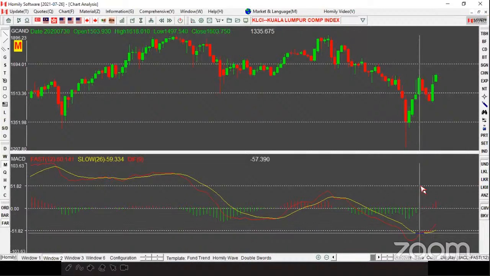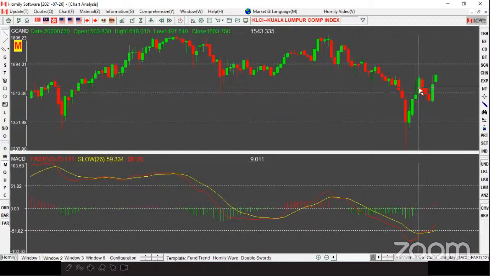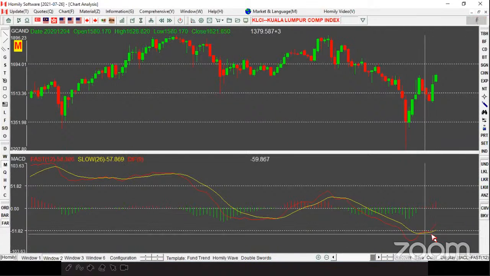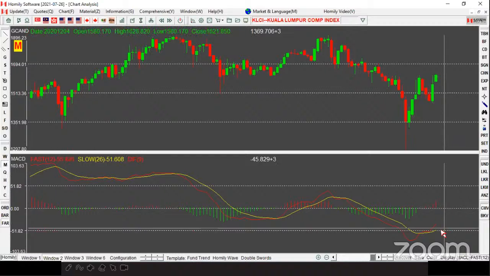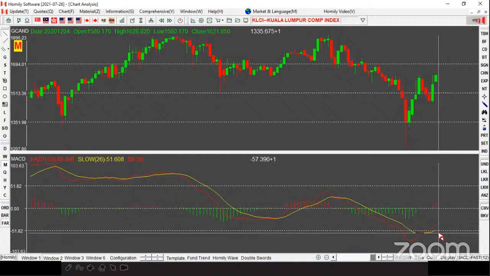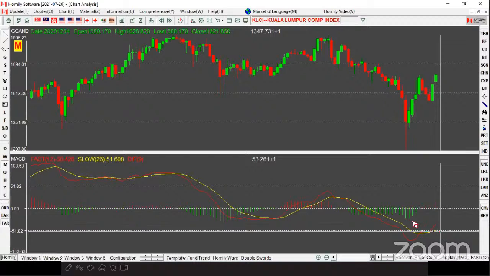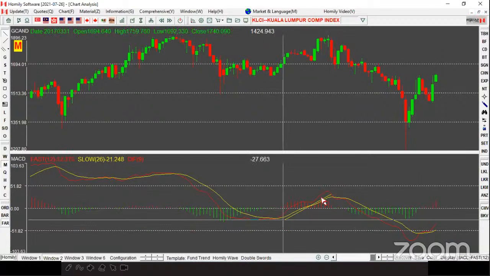So which means after 4 months of rebound, at the end of July, the red line, which means the fast line of MACD, already crossed upward over the yellow one, the slow line, and until now it has formed the bullish pattern, which means both lines turn upwards and the fast line is above the slow line. So this is the so-called bullish pattern, just like the previous period over here.